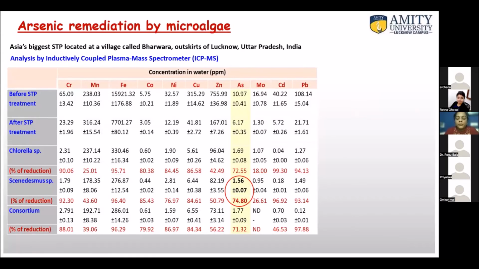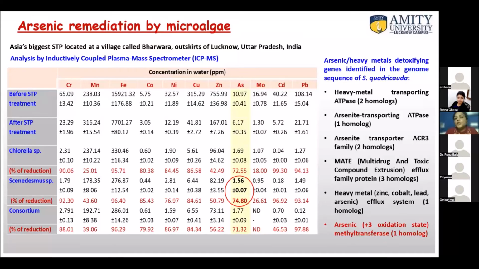From there we collected the water and tested it with different algae for the remediation of arsenic as well as other metals. Not only metals, we also tested for other contaminants. But focusing on arsenic, I can show you that algae can absorb arsenic very well, and we are getting almost 74.8% removal of arsenic from that sewage water.